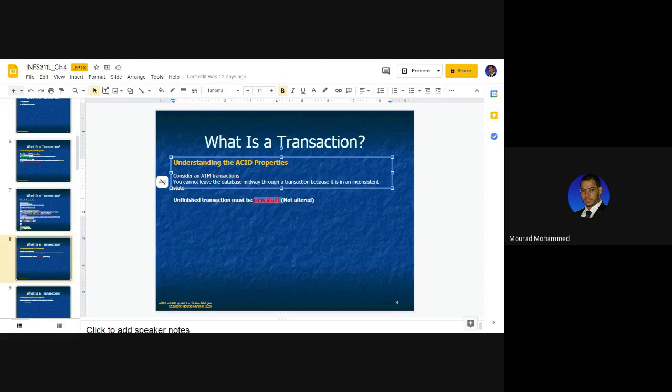Even if the transaction is very long, and here when we say long, it's not in human terms, because for us humans executing a query takes time, but for a computer it is a very short time. Executing hundreds of queries is a short time.